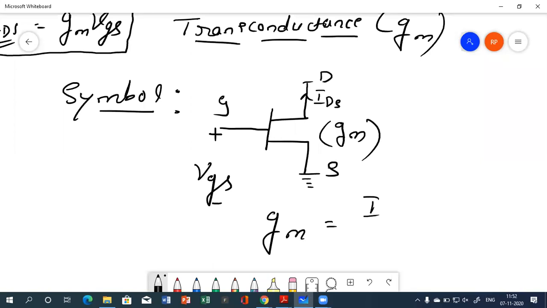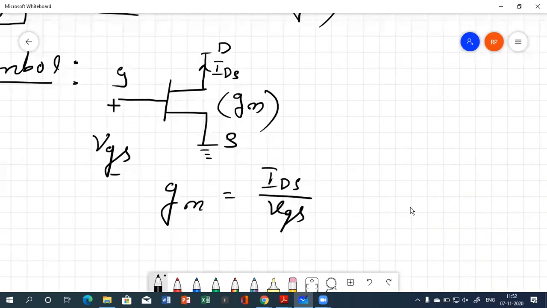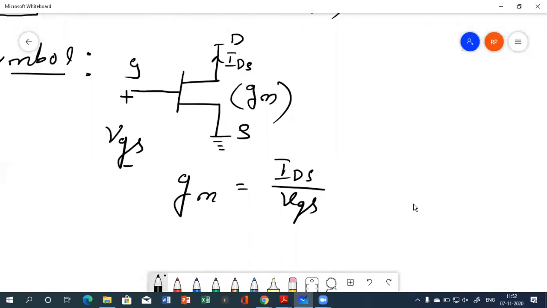Here, output is current and input is voltage. That's why this ratio is called transconductance, denoted by GM. Now this transconductance appears between drain and source as IDS equals GM into VGS.